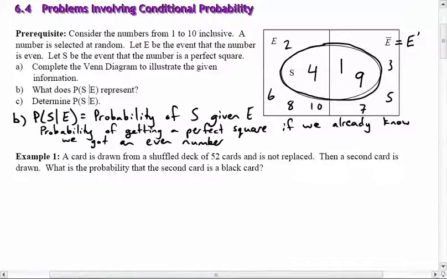So it's like I put the numbers 1 to 10 in a hat, and I picked out one of them, and I looked at it secretly, and I told you, I know it's even. And what's the chance that this number is a perfect square?